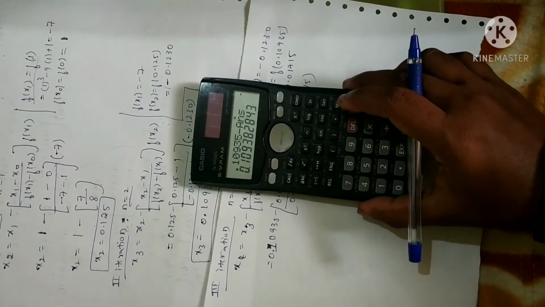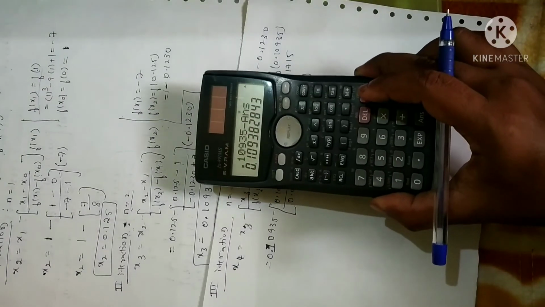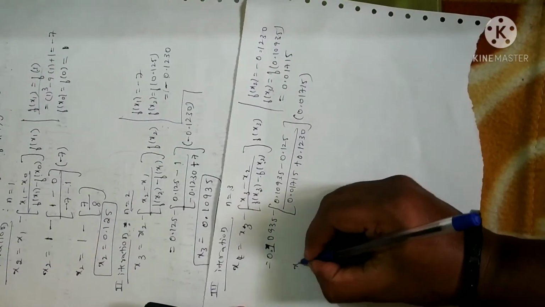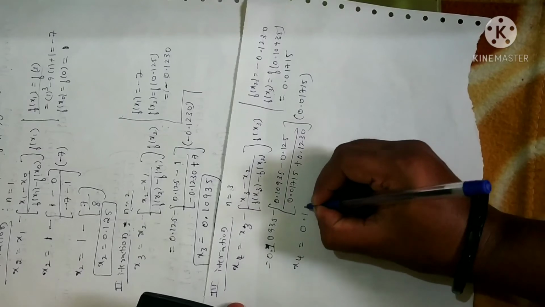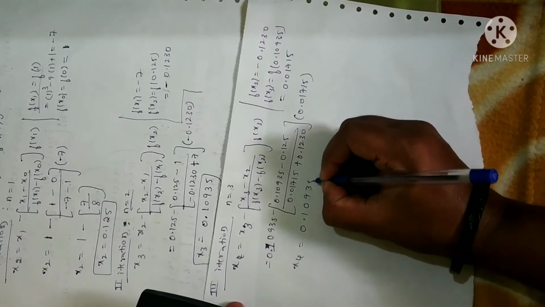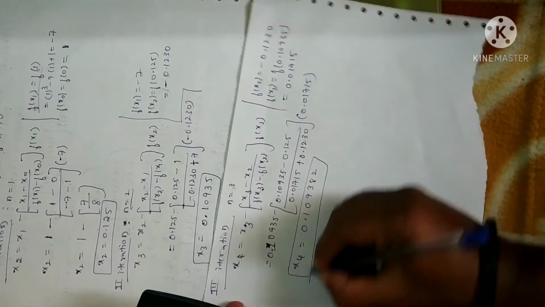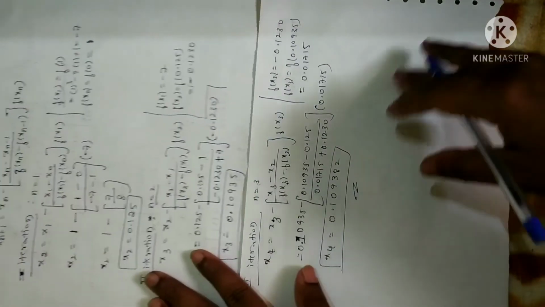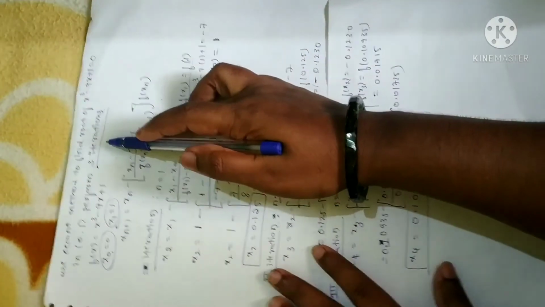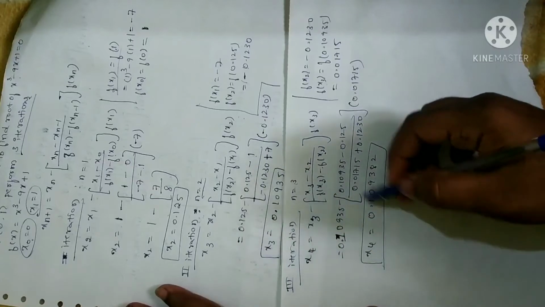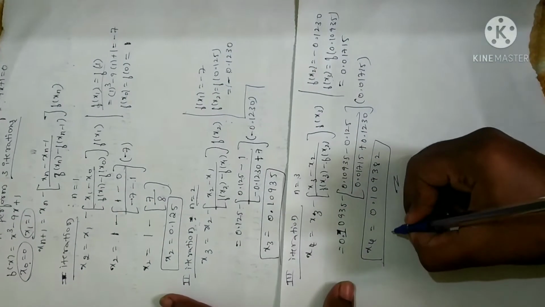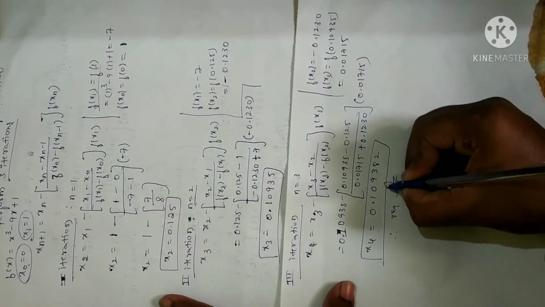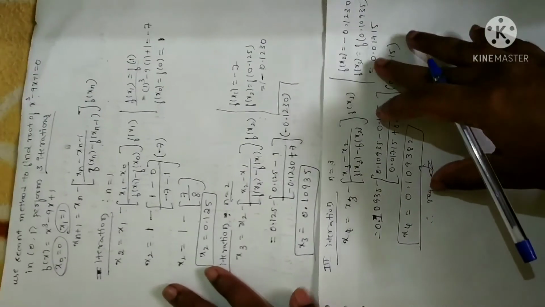That will give us 0.109382. So the x4 value is 0.109382. So this is the required solution up to the third iteration, because they have asked us to find the third iteration. So I have done the third iteration, therefore you have to write the conclusion. Therefore the required root is this. I think it is clear for you.